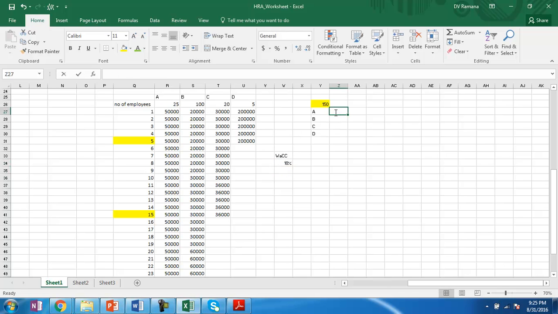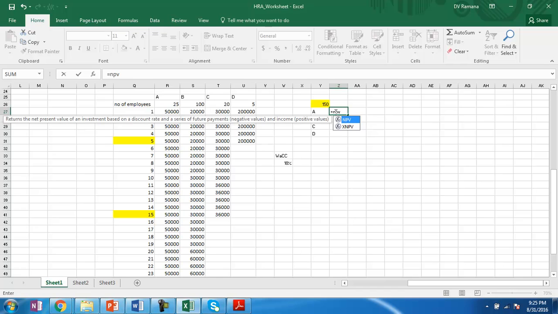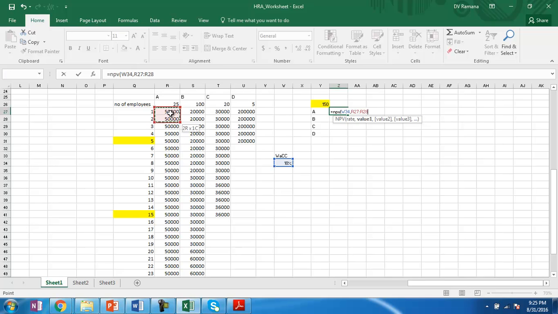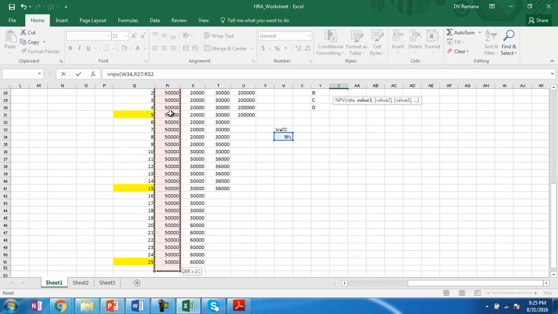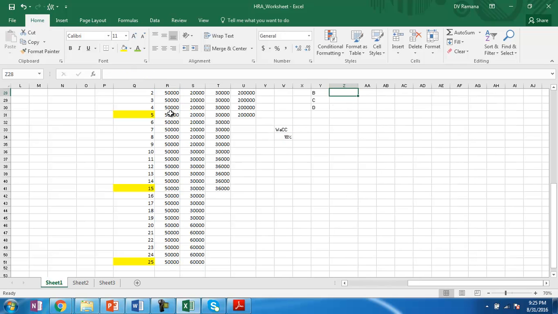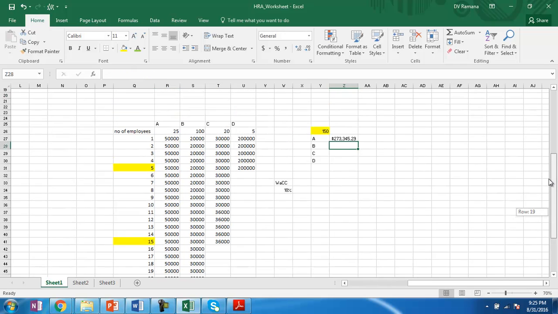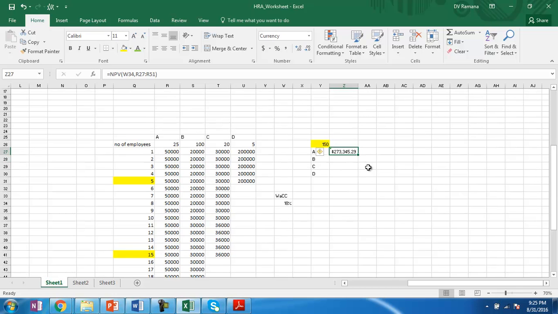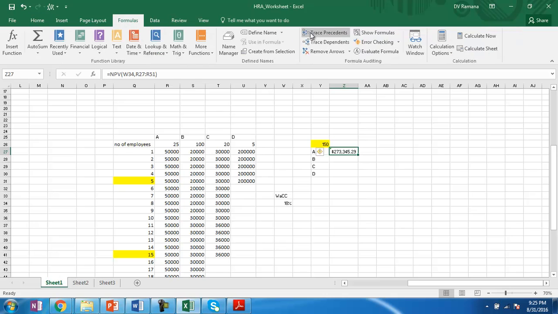So the present value of the first group of people, the A category, which are 25 in number, per person has been determined by using the NPV factor.